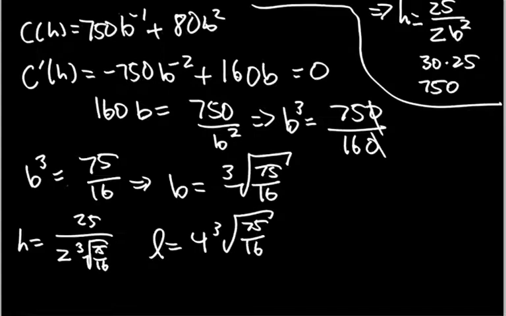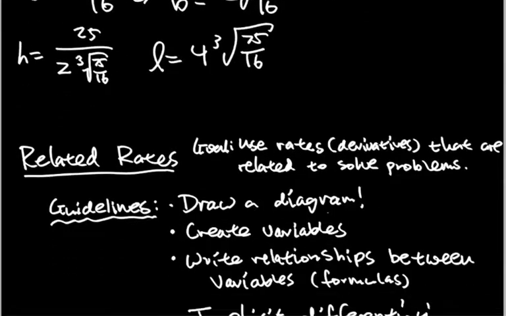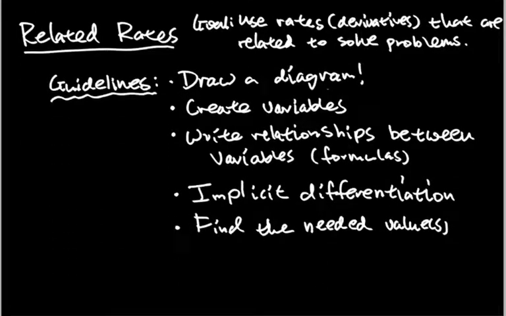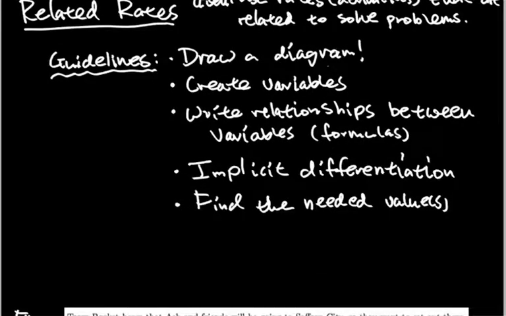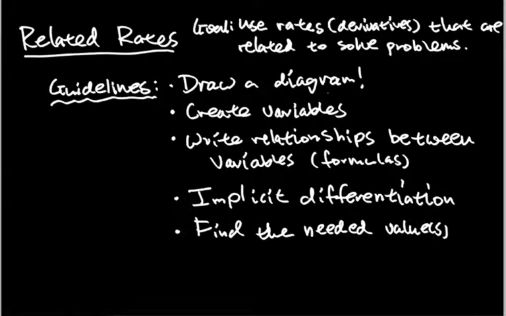Alright, so let's move on to related rates, the last topic for derivatives. Then we're going to move on to integration. So the goal is to use rates or derivatives that are related to solve problems. So very similar guidelines for optimization and related rates, except that you're going to have implicit differentiation happening.